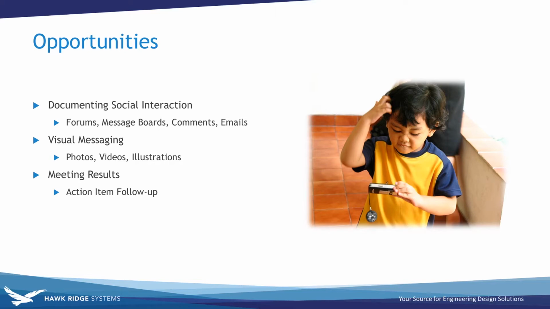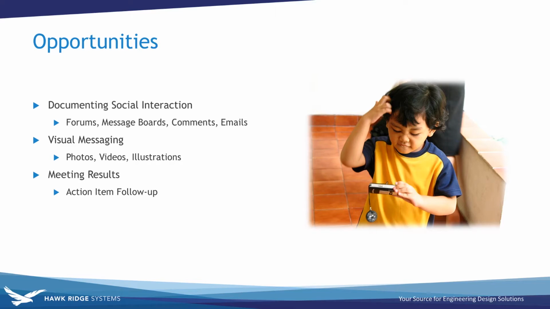Things like visual messaging, being able to share photos and videos and illustrations, maybe markups, can be important in both the product aspect of collaboration as well as the process aspect. And then a common one that we all have to deal with is just the results of our meetings.